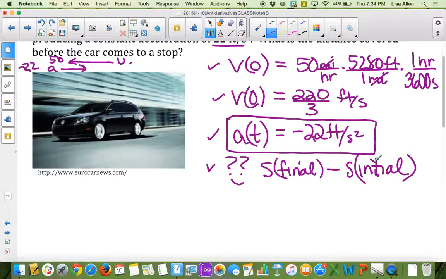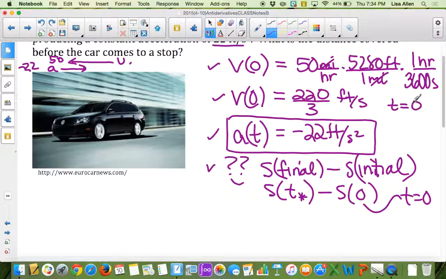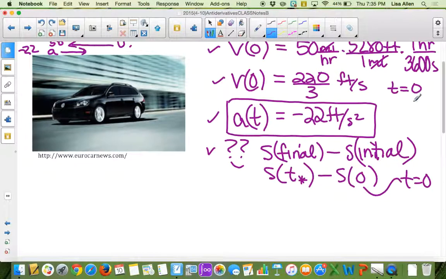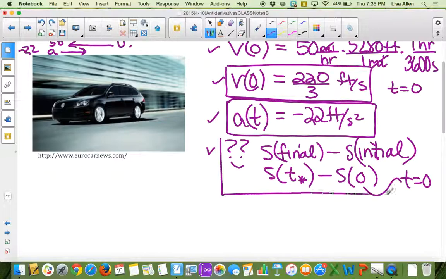I don't know what time it is when you finish, so I'm going to call it t star. It's going to be some time, but I do know the initial time, and that is t equal to 0. Just like I have up here, at t equal to 0, the velocity is 50 miles per hour. I'm going to box this up in case I need to glance back up at that information, and we'll see what we're looking for.